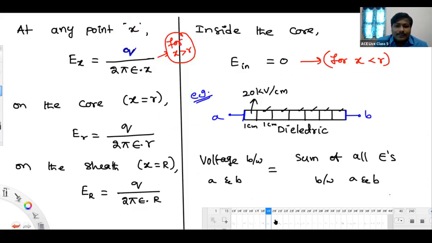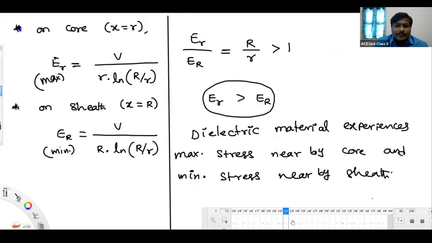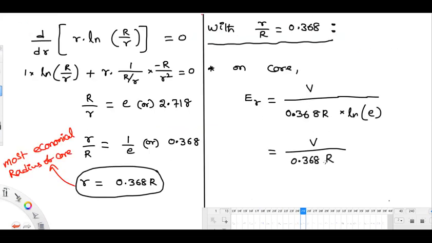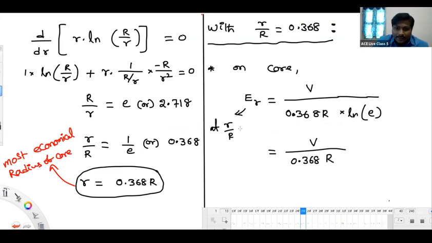See, with this condition of small r by capital R equals 0.368, you got the field intensity as this number. So this is at small r by capital R equals 1/e.